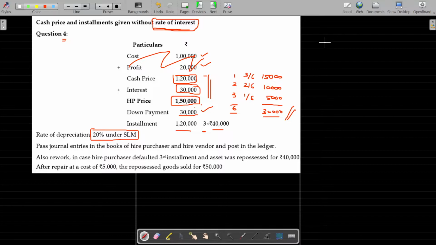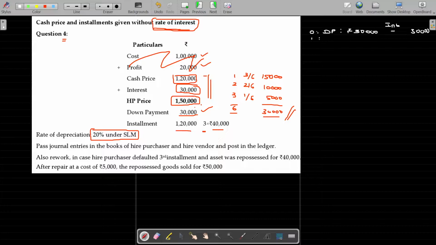Now, 0th period on purchase, you will be making a payment of down payment of rupees 30,000, isn't it? In that 30,000 rupees, we don't have interest component. The entire value of 30,000 is only out of the principal amount, right?